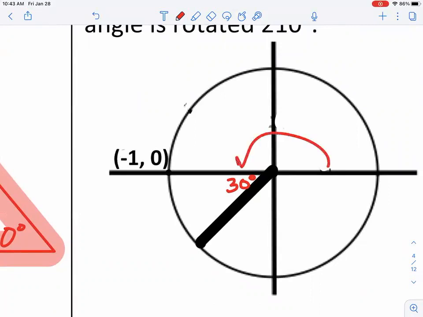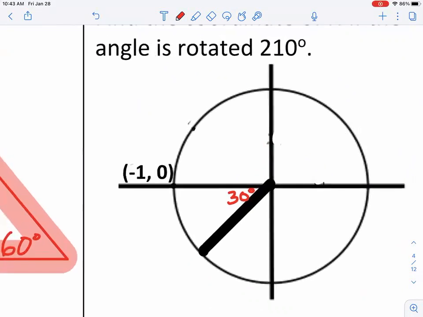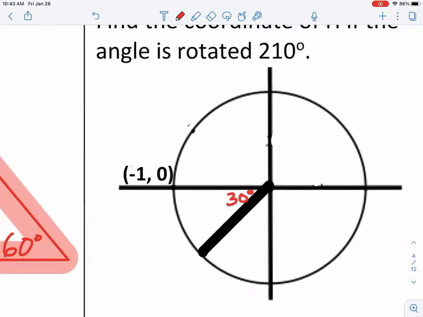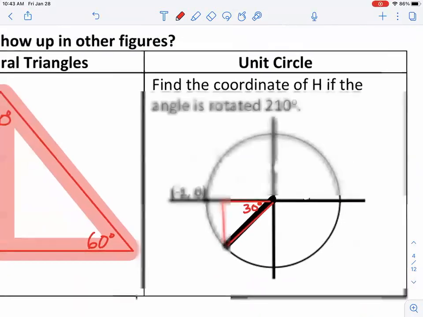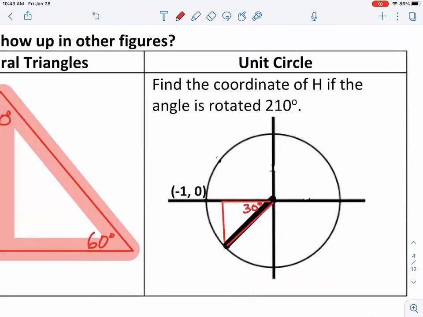Okay, 180 plus 30 would be 210. And I can draw a perpendicular to the x-axis, giving me a 30, 60, 90 triangle in the unit circle. And we're going to put that to a lot of work later on, not today necessarily.